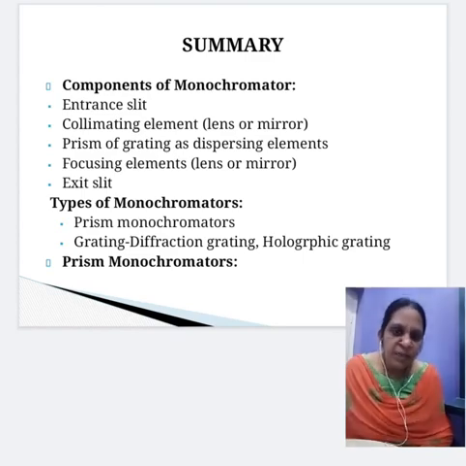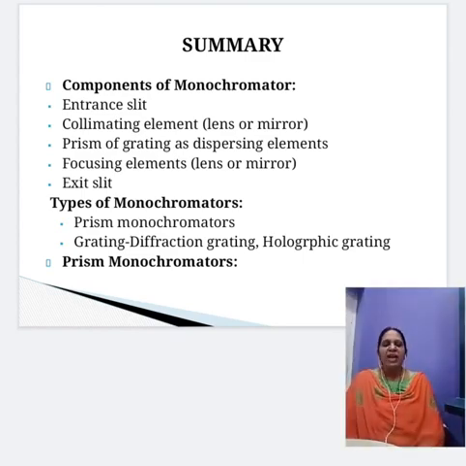There are 5 components. What are they? The entrance slit, the collimating lens, the prism or grating, the focusing elements and the exit slit.